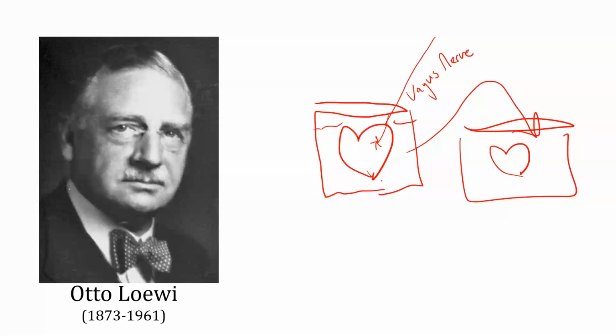That chemical could actually collect into the fluid, and when applied to another heart that didn't even have a vagus nerve, it would exert the same effect. So it showed that it was a chemical nature. And this is now how we know these nerves work, as they release chemicals. They release neurotransmitters that then bind to the tissues and exert their effects.